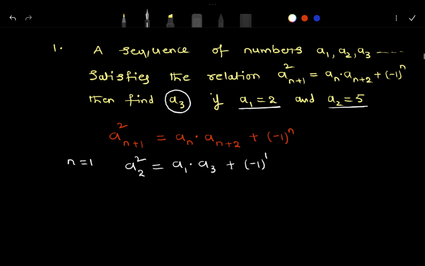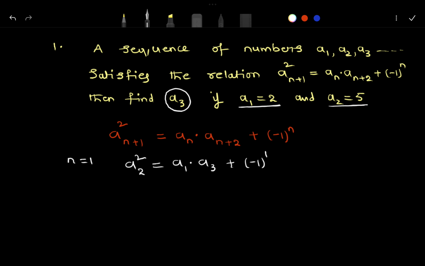In the given question, the a1 value is 2 and the a2 value is 5. Substitute these values in the result. So 5 whole square is equal to 2 into a3 plus minus 1 whole to the power of 1, that is minus 1. Simplify this value: 5 whole square will be 25, equal to 2 into a3 minus 1.